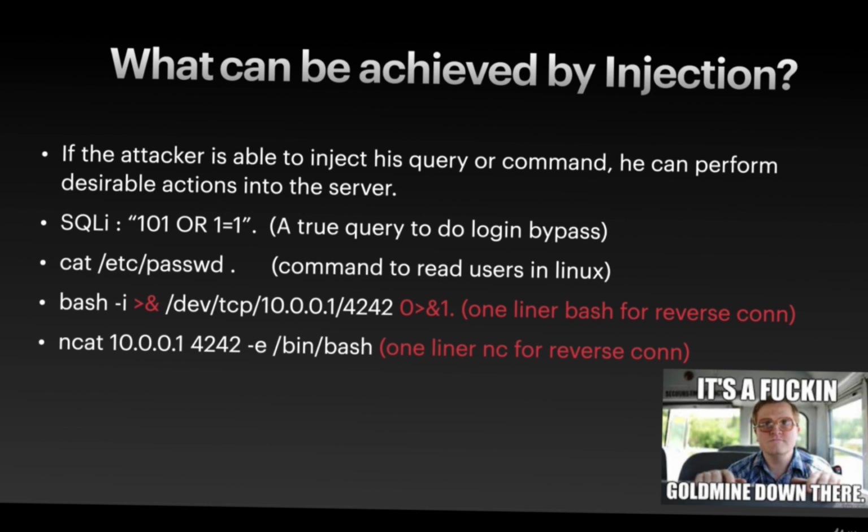Second, as we can see, cat /etc/passwd, is the command to read the users file on a Linux system. Next, you can see a one-liner bash for a reverse connection, and the last one is again a one-liner netcat for a reverse connection. So basically, you can get a complete system shell by injection.